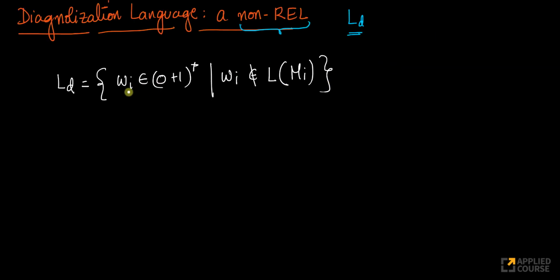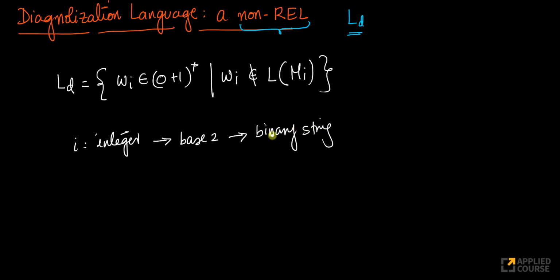Suppose I give you a number i, an integer. Given this, I can convert this integer into base 2, or binary. I can interpret this as a binary string. This binary string that I get corresponds to a machine.